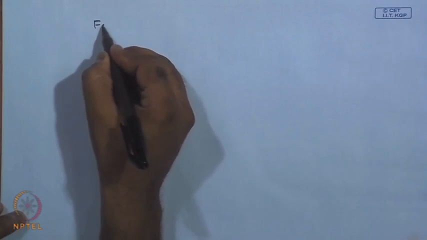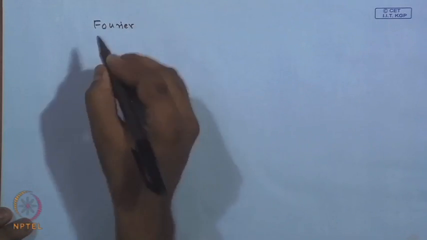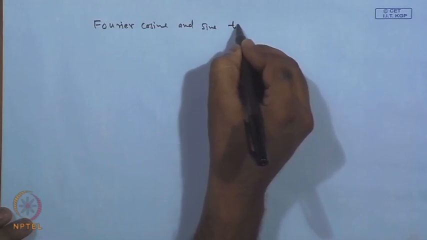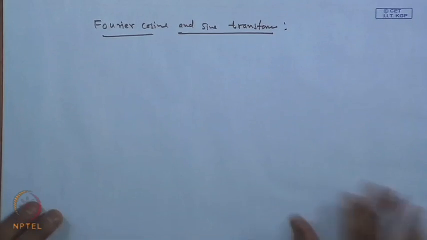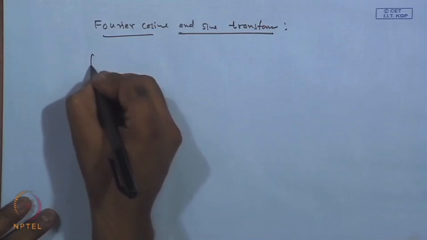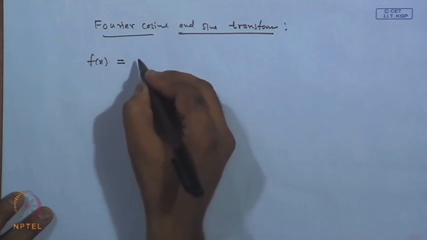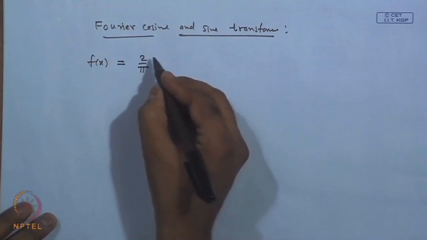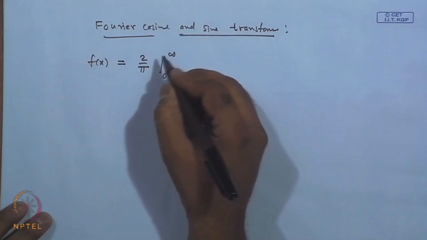So, now we go to a very important topic, which is just an extension of the study we are doing now. Fourier cosine and sine transform. So, what we have, this Fourier integral of a function f x, we assume this equality there. So, 2 over pi, in general we have this average value, 0 to infinity, and let us write in this form.